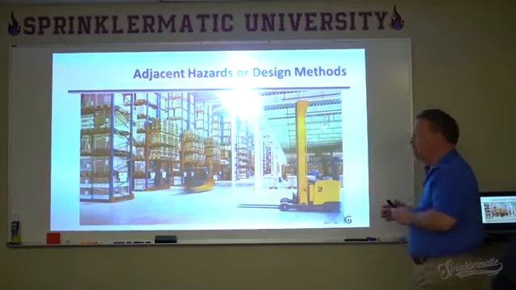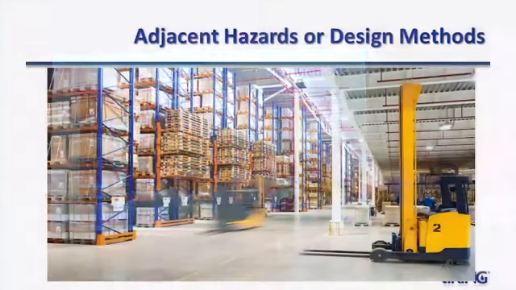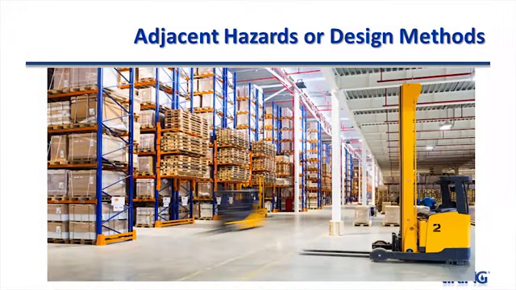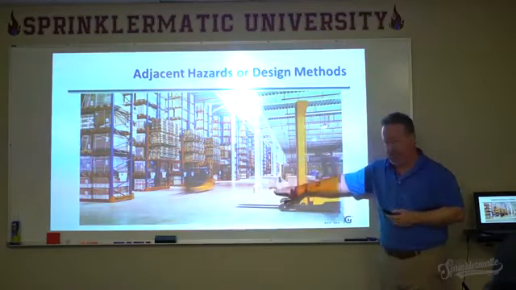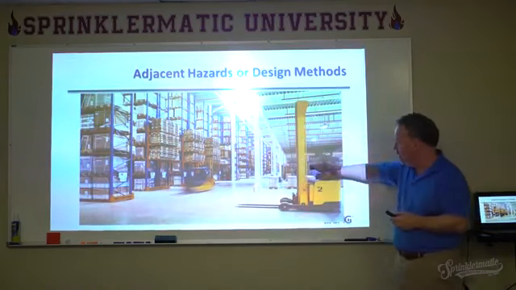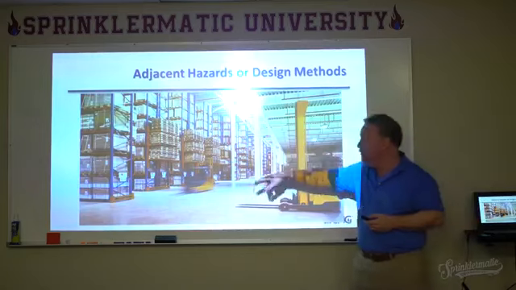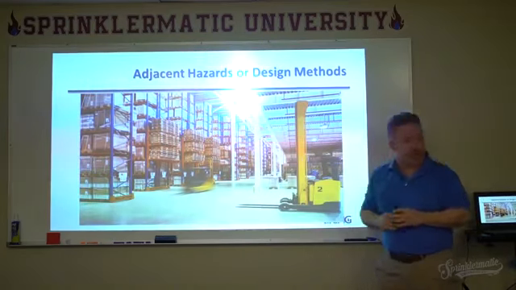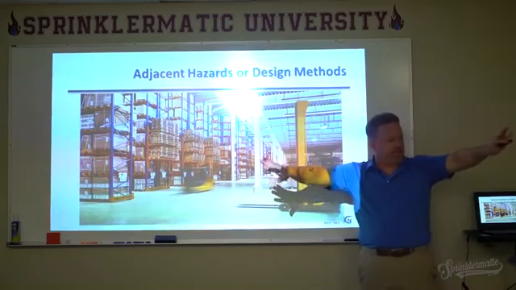Also, the adjacent design. Remember, we said that you may have a situation here where we've got lower hazards next to higher hazards. What do I have here? I've got pallets stored inside. A big challenge, first of all. But we've also got some material at a much lower level under this mezzanine, and we've got big high rack storage over here. So those are two different design criteria you can use.